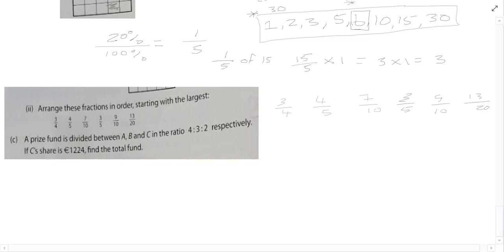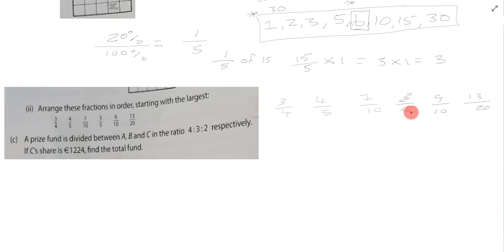Now, in order to be able to compare these, we want them all to have the same denominator. We can start off with this fraction here, which has the biggest denominator. So we want to change all of these denominators so that they're the same.